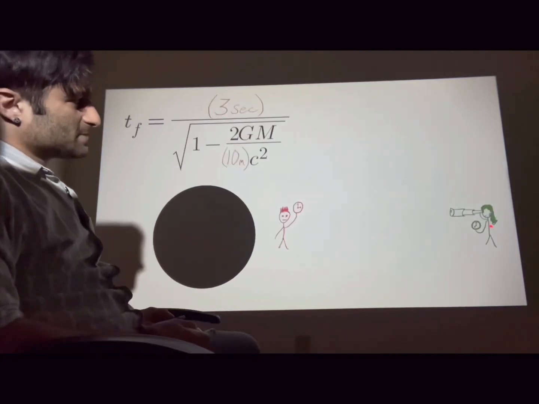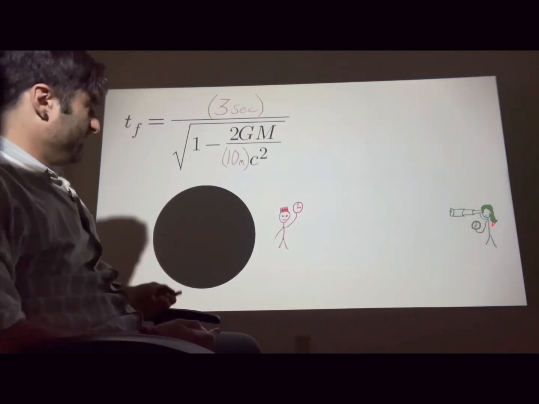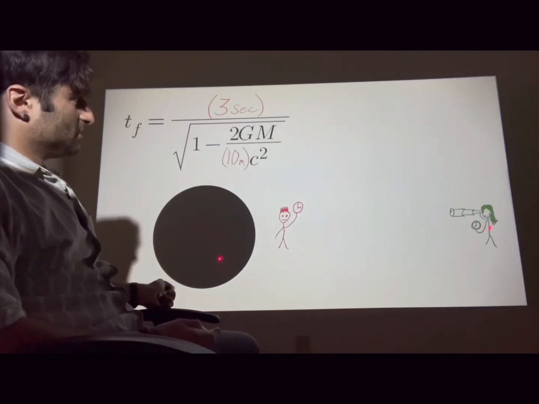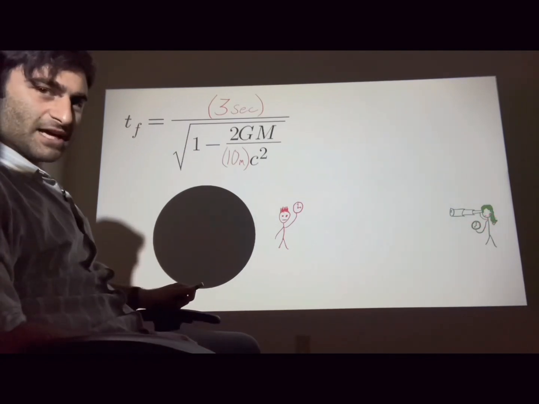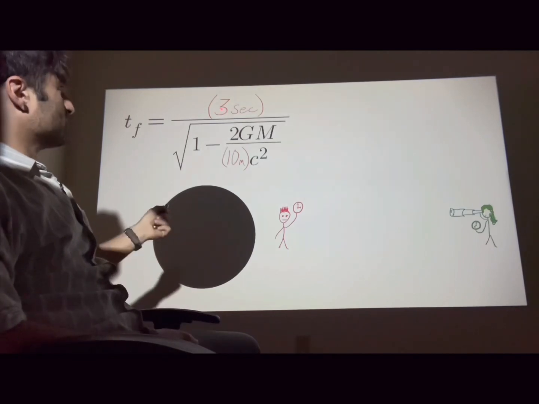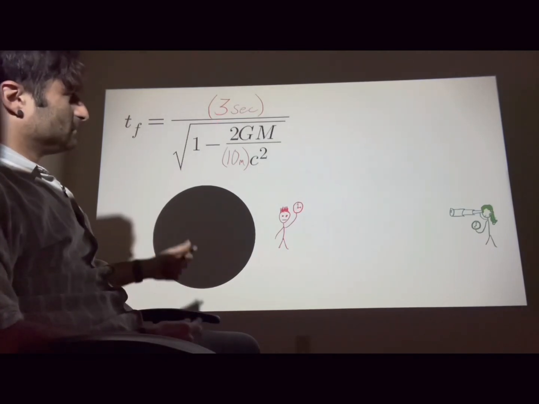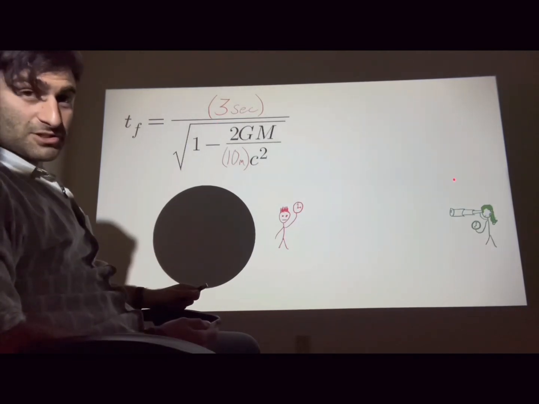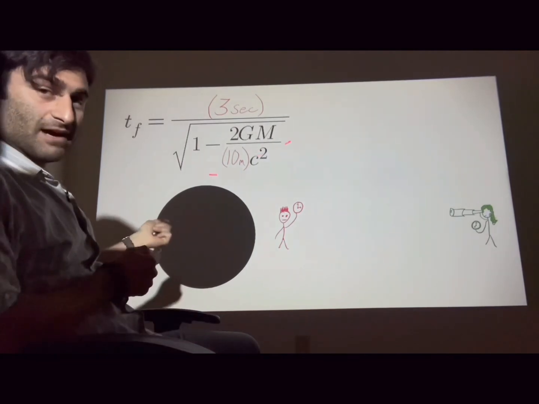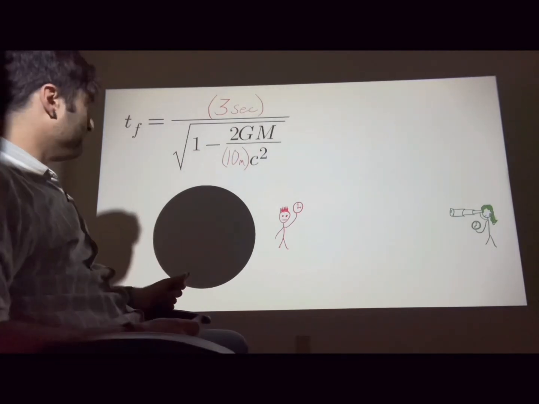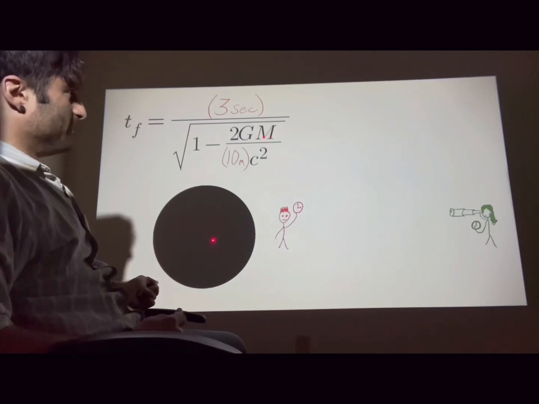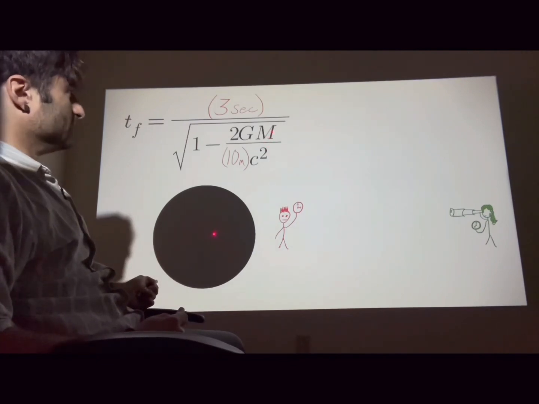Let's say this person, infinitely far away from this massive object, wants to know how many seconds would it take to see 3 seconds go by on this clock. Now the person could either look through their telescope or just use the gravitational time dilation equation to calculate that. Given that this object is some mass, we haven't put in that number, we're just going to leave that.